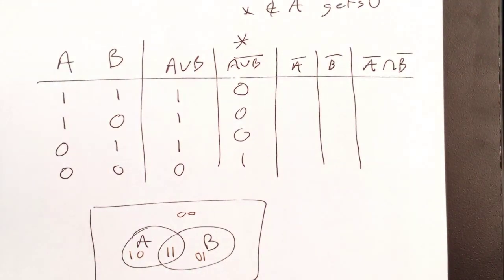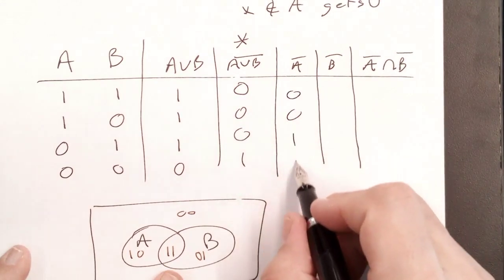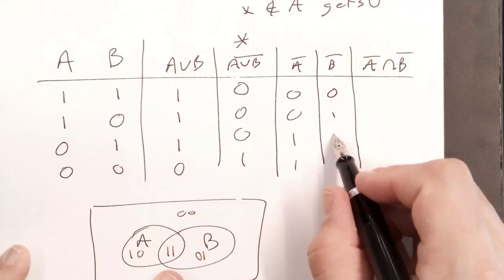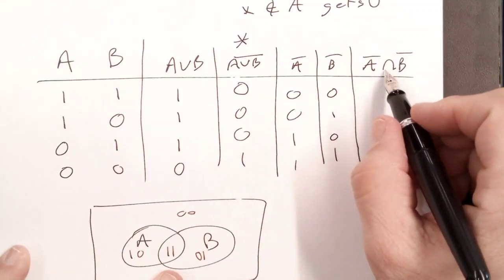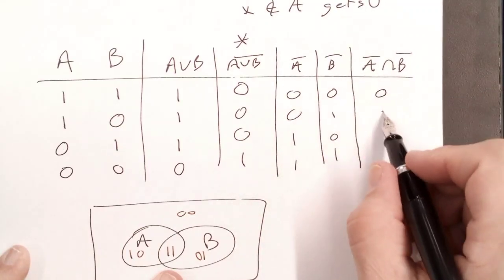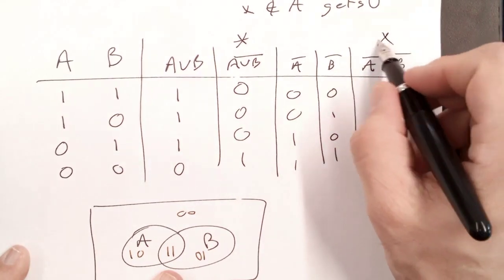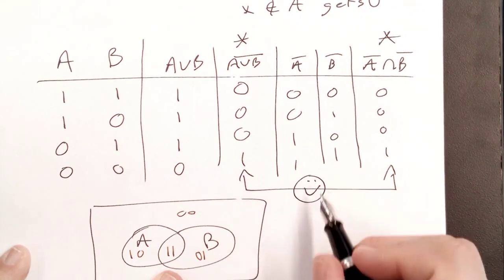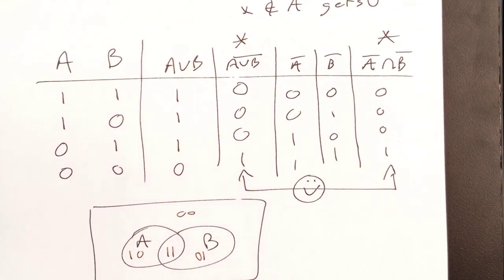So let's make the A complement column. What's that? And B complement. And now and. That's the other side. Hey, they match. They have exactly the same set members.